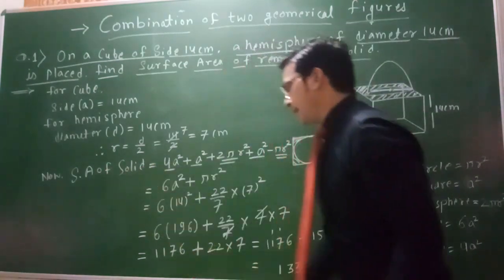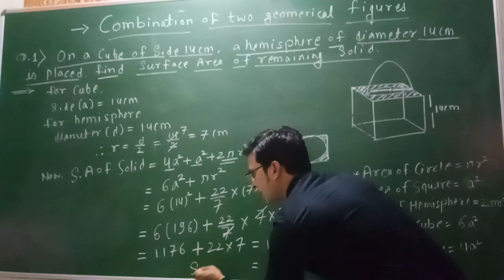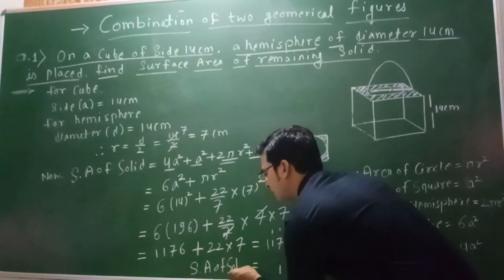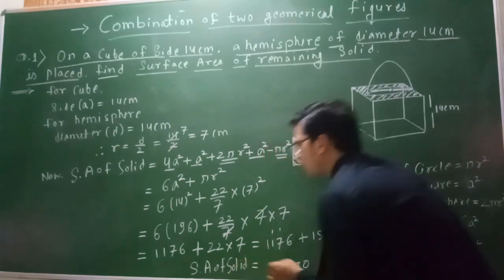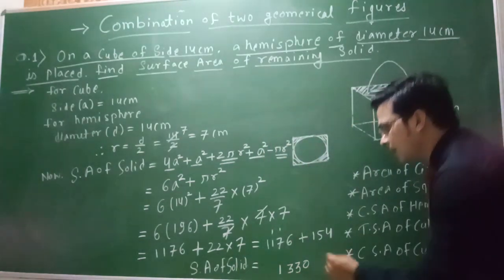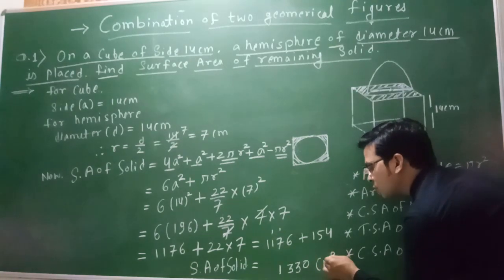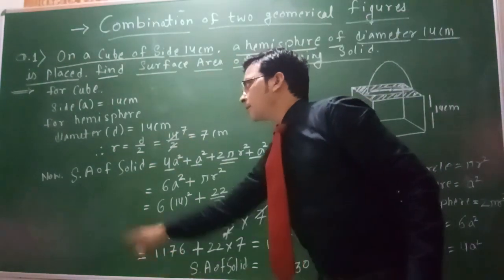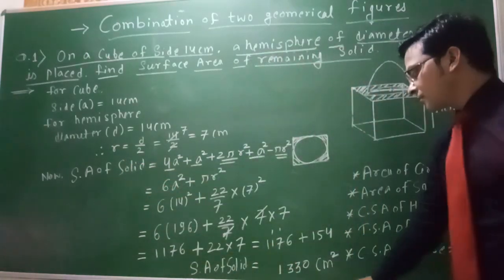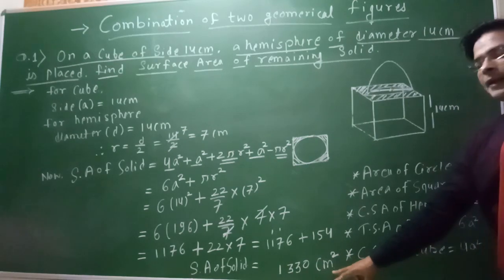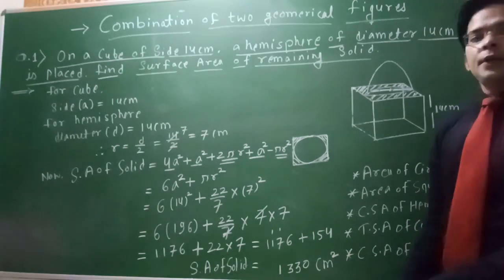Surface area of the solid is equal to 1330 centimeter square, because the unit is centimeter. So we have found the surface area of the solid, which is 1330 centimeter square. Okay, note it down please.